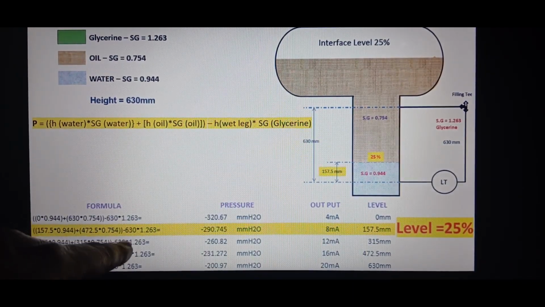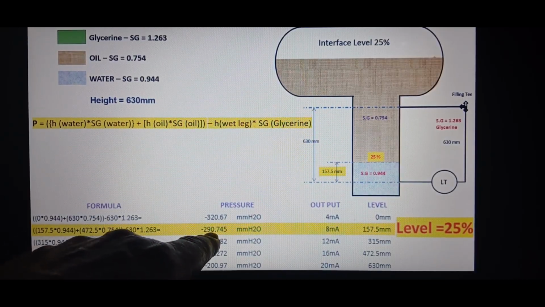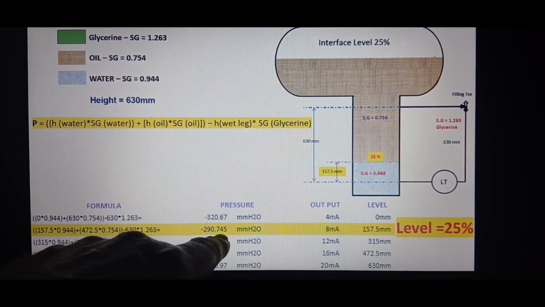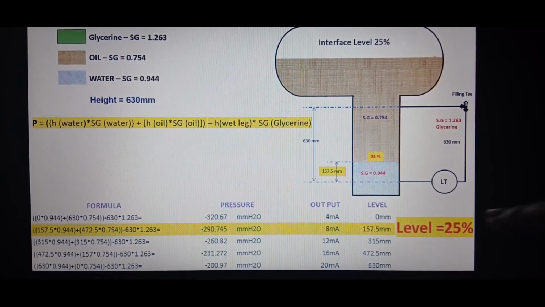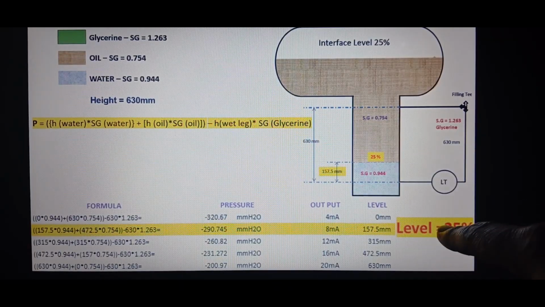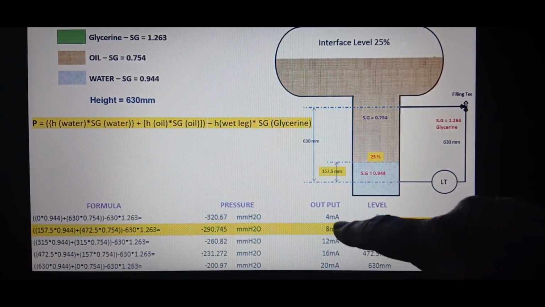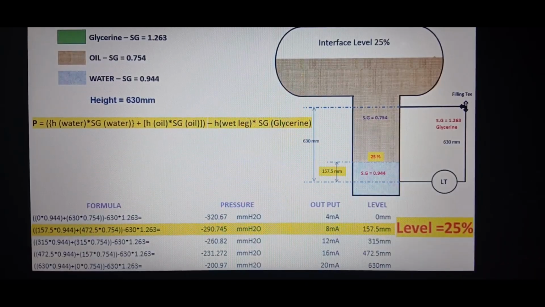And then we do again the glycerine side, which will be this, and you would land up with the value of minus 290.745 millimeters of water.